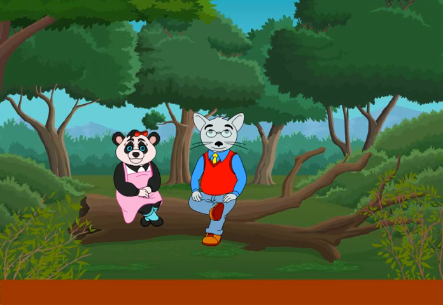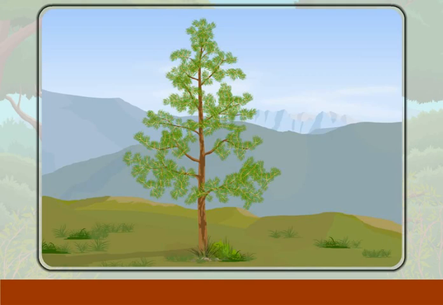Students, have you seen a pine tree? This is a pine tree. A pine tree also grows on land. Do you know where a pine tree is found? A pine tree is found in high altitudes.